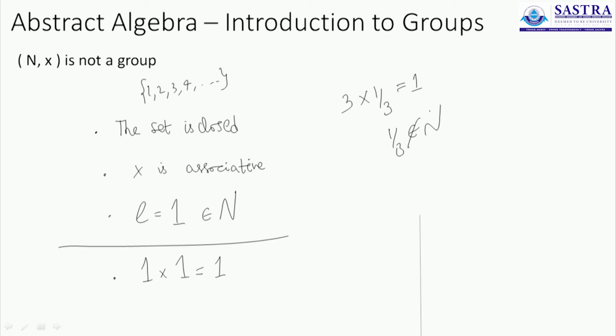The set considers only positive integers as its elements. So the set of all natural numbers under multiplication is closed, has an associative operation, also has an identity element, and therefore it is a monoid, but nothing more. It cannot even think of becoming a group.